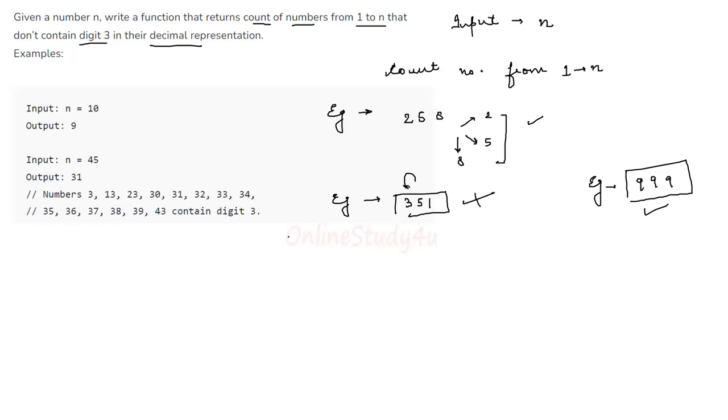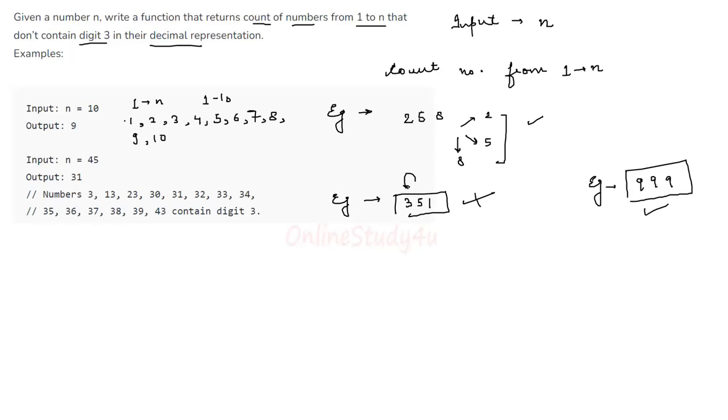Suppose now what they have written, just see at example 1 where you have an n equal to 10. So you have to count numbers from 1 to n. 1 to n means from 1 to 10. So what are the numbers? We have 1, 2, 3, 4, 5, 6, 7, 8, then we have 9, and then we have 10. In these 10 numbers, how many numbers are there that don't contain digit 3?